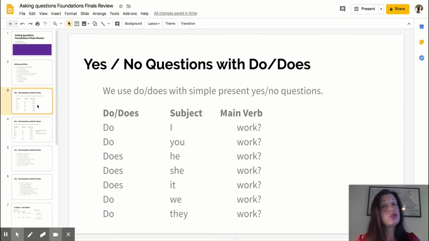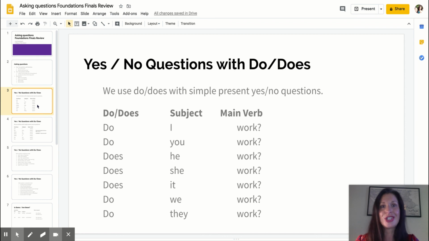We use do and does to ask simple present questions where the answer is yes or no. You put do or does at the front of your question. Your question will begin with do or does, then your subject, then your main verb. Do I work? Do you work?